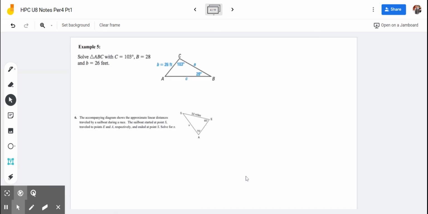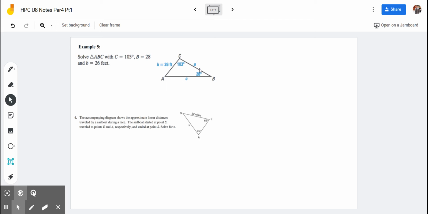So here we're given the triangle. It says solve triangle ABC. When you're asked to solve the triangle, that means we have to find all the remaining parts. It says C is 103 degrees, B is 28 degrees, and little b is 26.